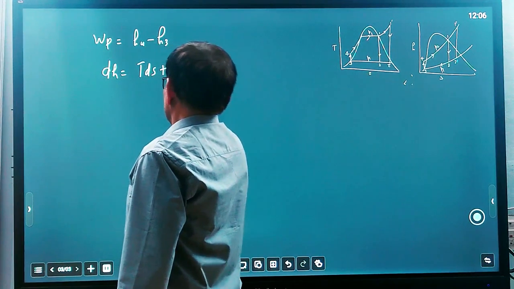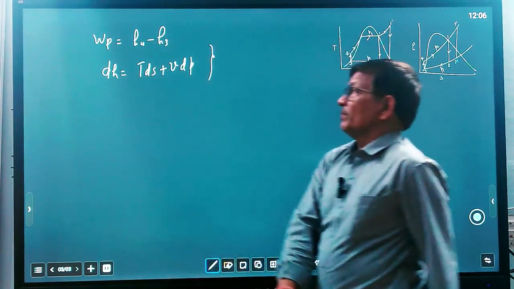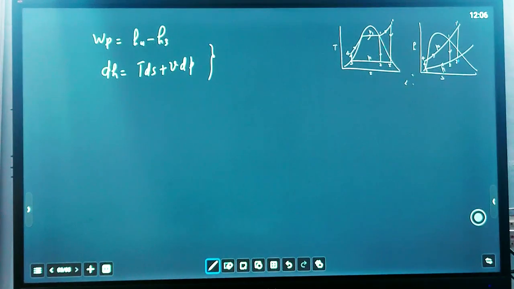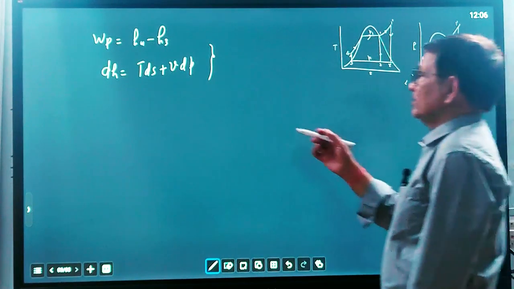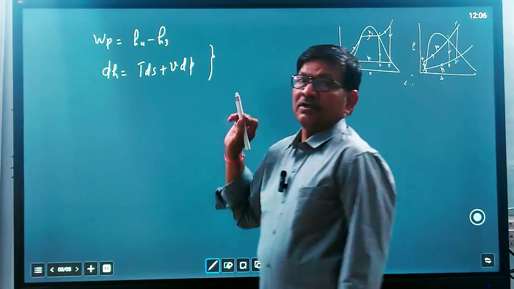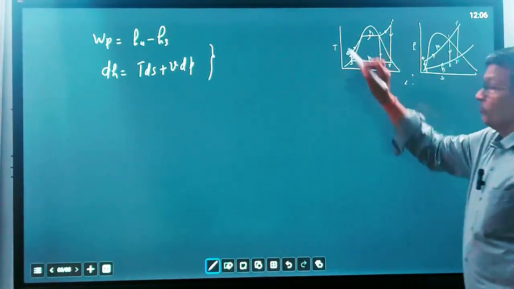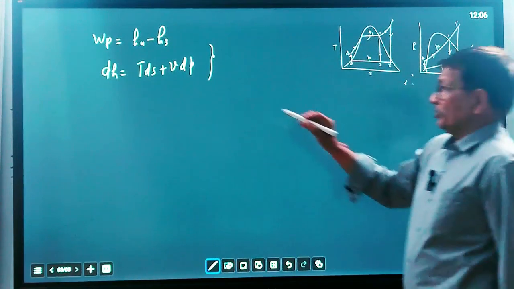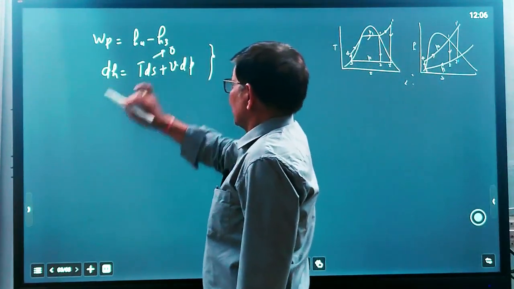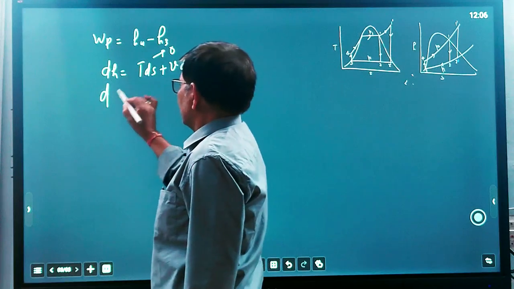Tds plus vdp, by using Maxwell relations and the Tds equation. So dh can be defined as Tds plus vdp, and we know that process 3-4 is an isentropic process, so ds is 0.